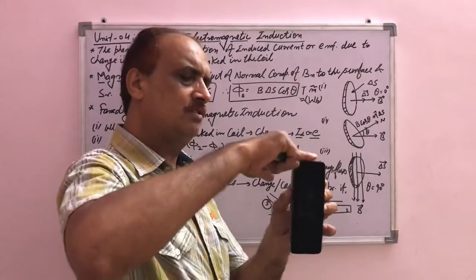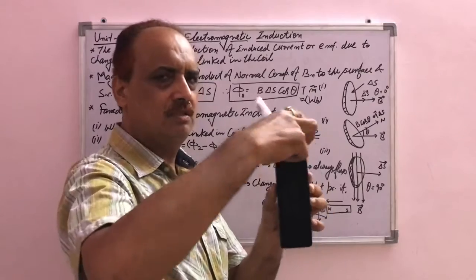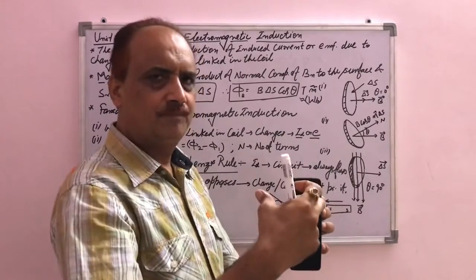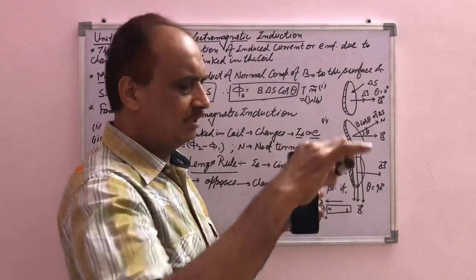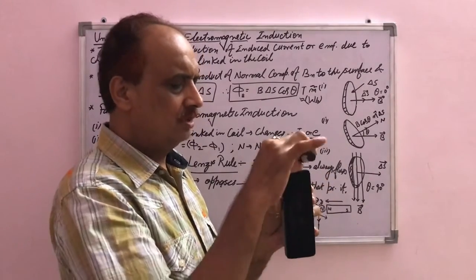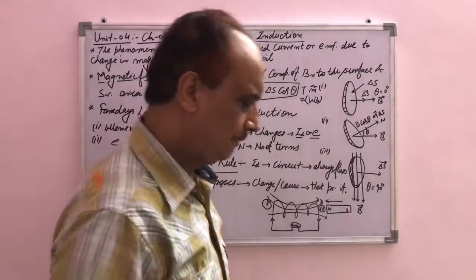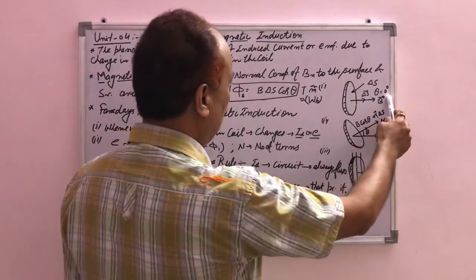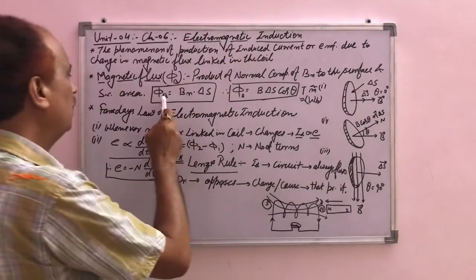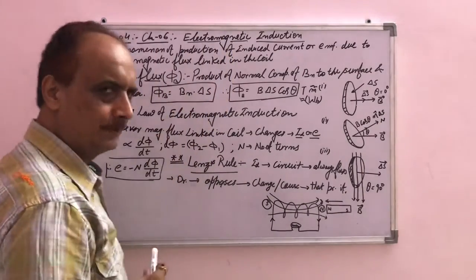The surface is this, the thickness of that sheet. So this surface and the magnetic field lines are parallel to each other. So in that condition, the angle between them, theta, equals 0 degrees. So we will get the formula phi b equal to Bn into ds.